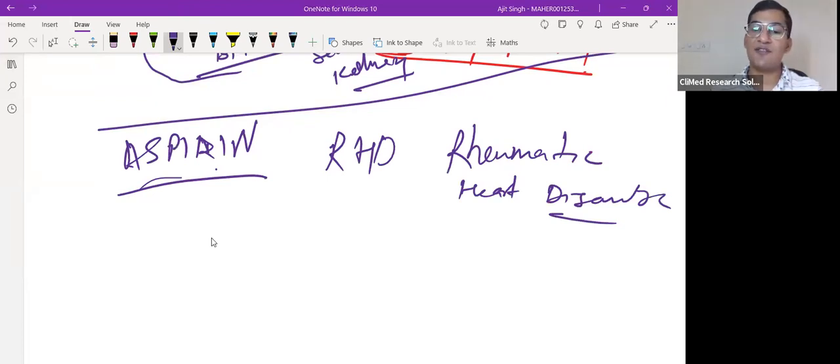Rheumatic heart disease is nothing but inflammation of the cardiac muscles, inflammation of the heart, we call it. Can you tell me the dose of aspirin in rheumatic heart disease, guys?